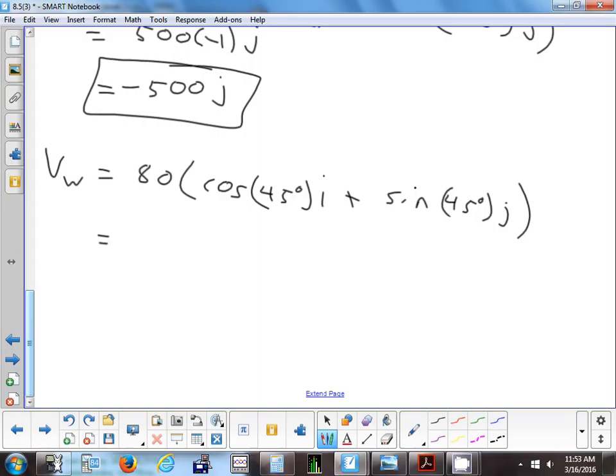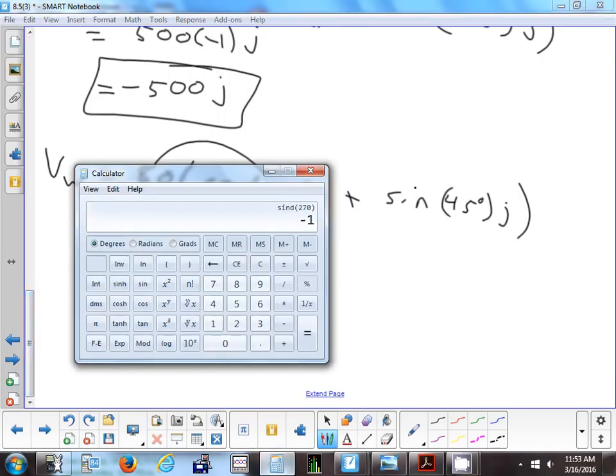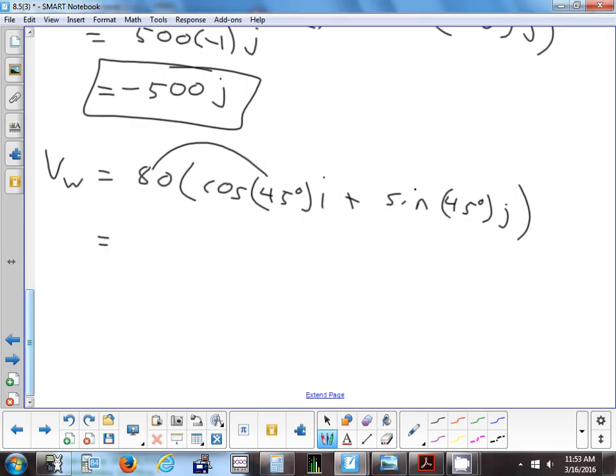Does anybody remember the cosine of 45? 0.707. So I need to do 80 times 0.707, 56.56 i. And since it's blowing northeast, it should be exactly the same horizontal and vertical components. But if you're not sure, you can check it.